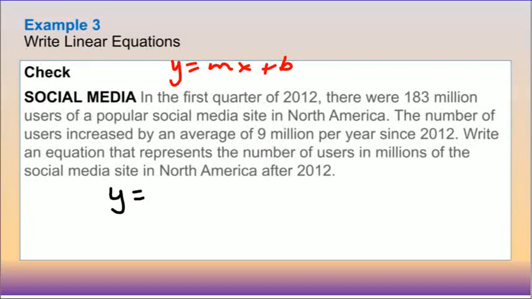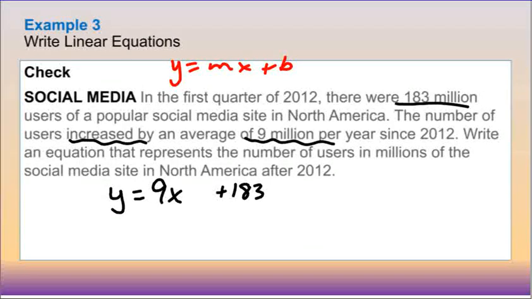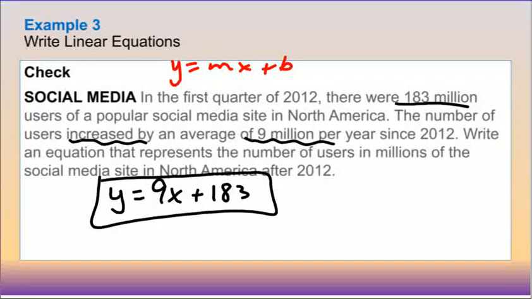The starting point would be 183 million in 2012, so I'm going to put plus 183 million. The number of users increased, so that means it's a positive number by an average of 9 million per year, so that would be 9x plus 183 million. And this would be the equation you would use to find out users in a particular year after 2012.